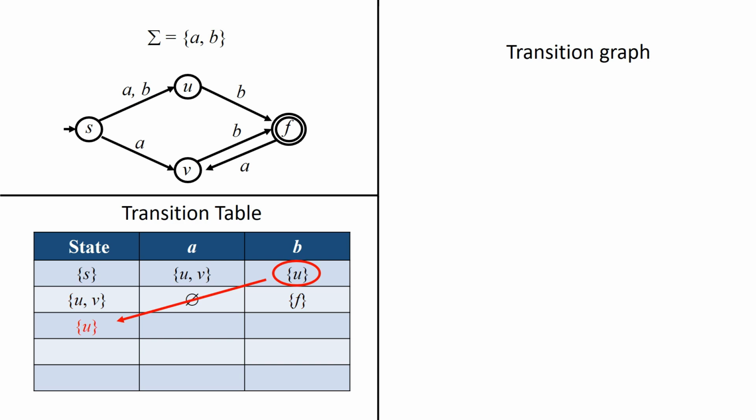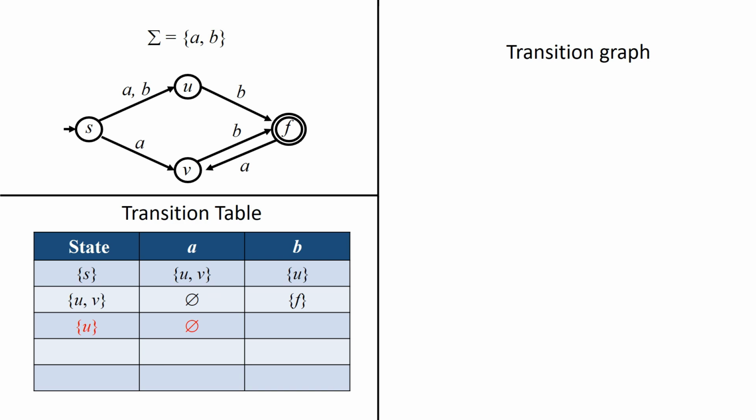Next, the state U. Where does it go with A, and where does it go with B? We have investigated this before. From state U, with the symbol A, it goes to nowhere. So it is the empty set.